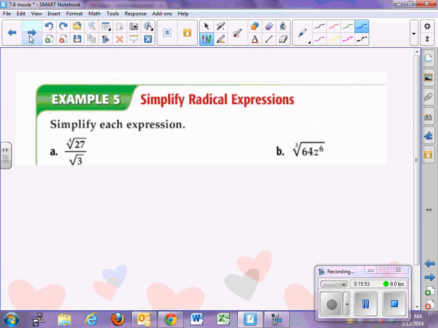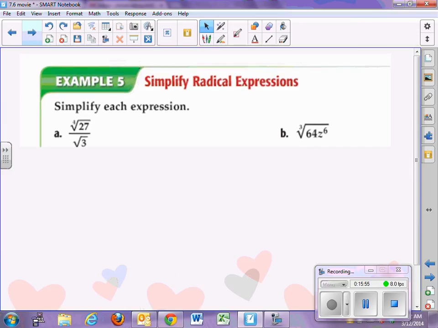This is really good. Okay, remember, we can't have radicals in the denominator. So what I do to handle something like this, let me give you a chance to write it, is I multiply by the square root of 3 on the top and bottom. Why? Well, let me show you. Square root of 3 times square root of 3 is now square root of 9, which is just 3.